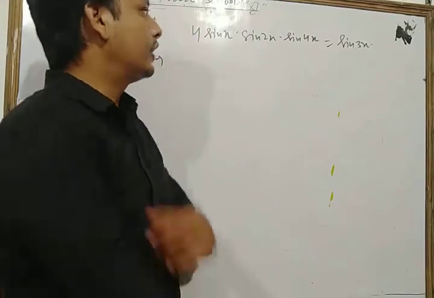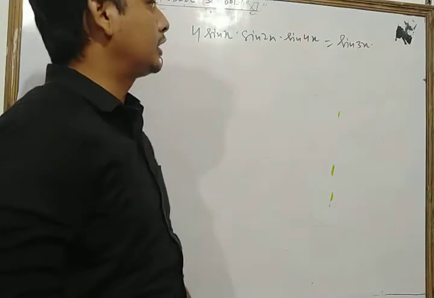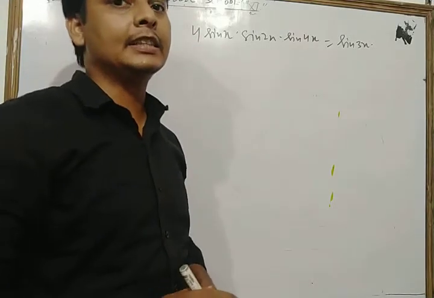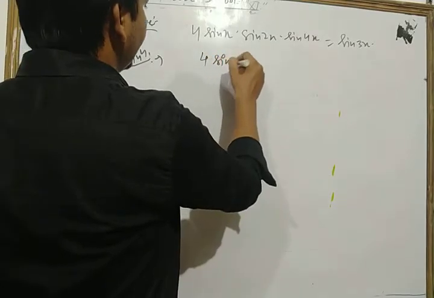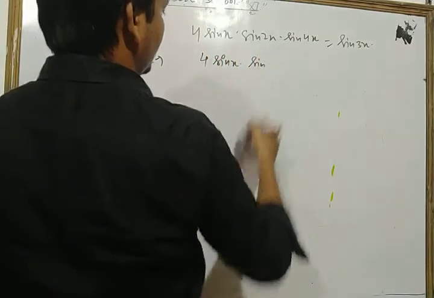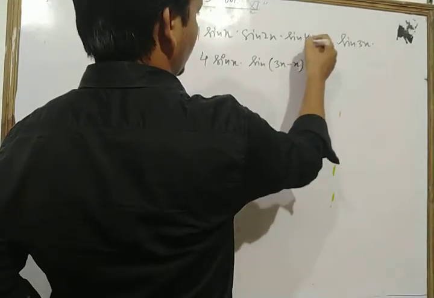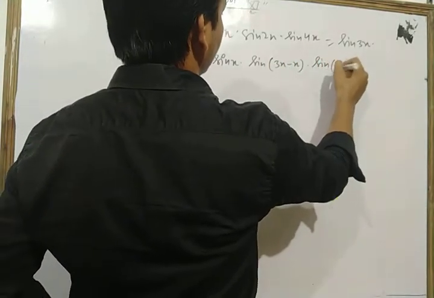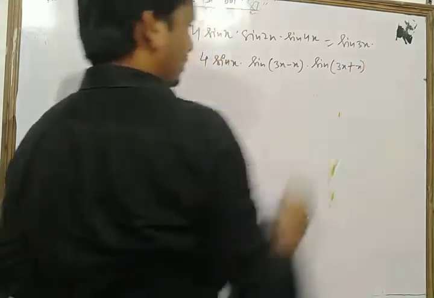Now first, dear students, we set this question using some trigonometric identities. We write 4 sin x into, we write 2x as 3x minus x, into, we write sin 4x as sin of 3x plus x.